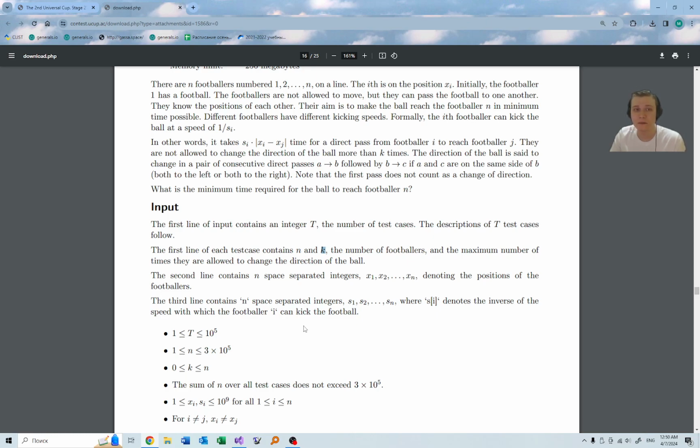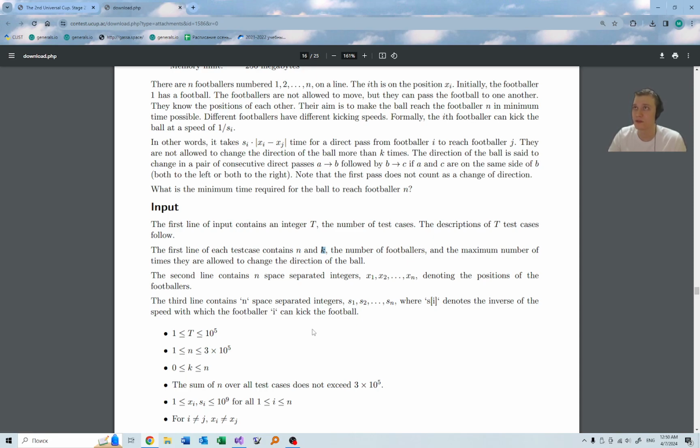firstly, if we forget about k, then it is a simple convex hull trick problem. If we have some footballer and he passes the ball somewhere, then the time it takes to get the football to some point is a linear function.